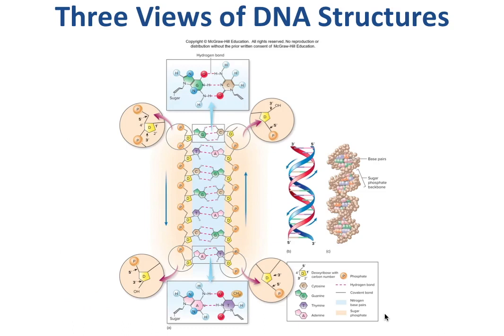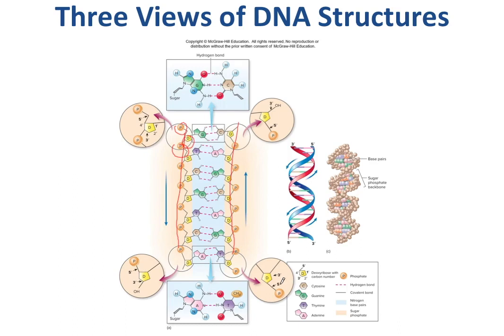Like this diagram, this is the double strand backbone. We can see this is the phosphate group, and this is the deoxyribose. Here are the 3 points.